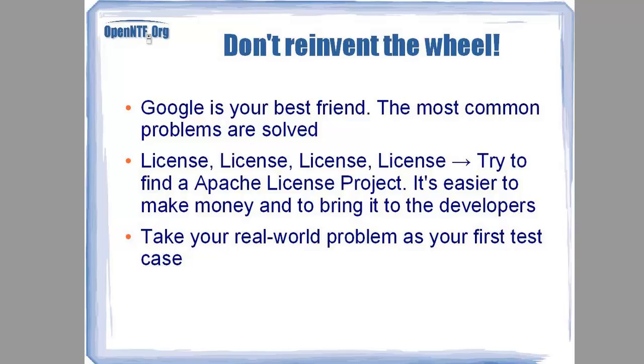It has some disadvantages, but it has so much good stuff in there, and it's an Apache project. Everywhere you can find on Google problems that are mostly solved, or you find an idea how to solve it. And you have seen the abstraction layer that we have built in there. That's our contribution to the whole stuff. Then the second thing you should think about is license, and again license.